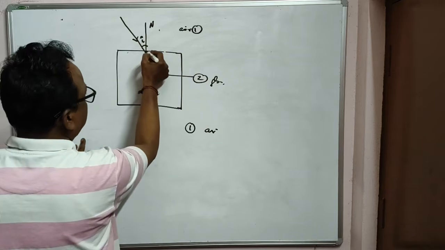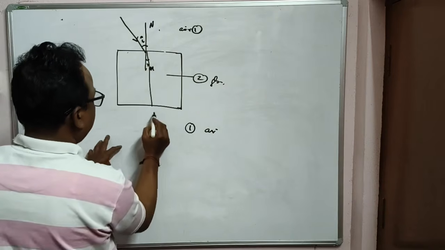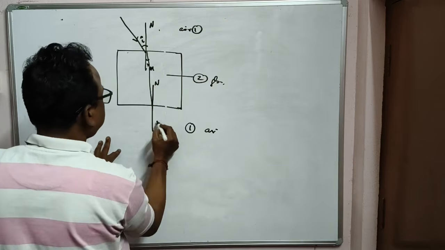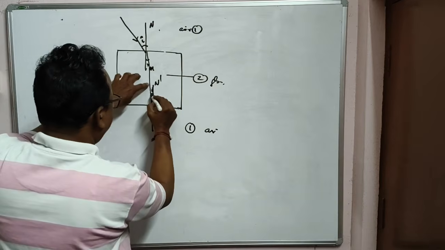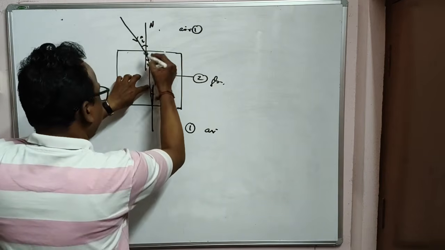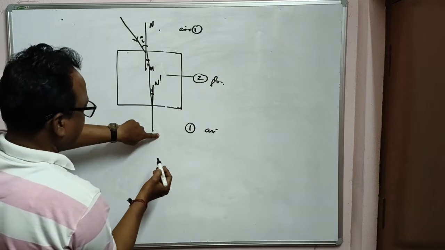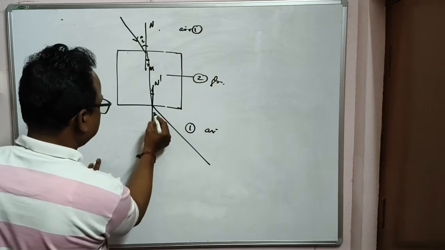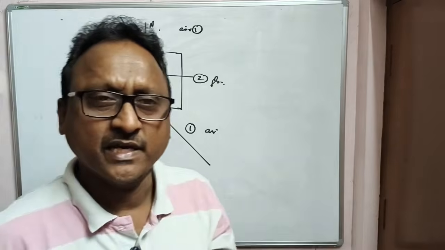Because it goes from rarer to denser, as I told you just now, it goes towards the normal, angle r. Now again it meets the second surface, another normal, N dash. Now this angle is the angle of incidence, but according to mathematics this is equal to this one, alternate angles. Now from denser it is going to rarer. This is the heavy medium, this is the lesser. So what happens? It goes away from the normal, the refraction angle. So this is the basic structure of refraction in the glass slab.